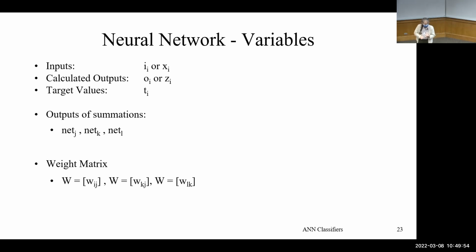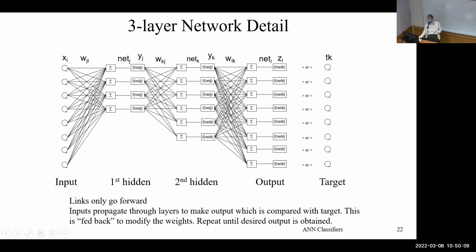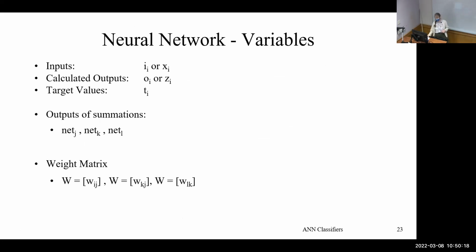You've heard of net profit, net income. It's an accumulation of all those pieces. So the output of each of these summations is a net. And if it's the first hidden layer, it's J because we're counting J's there.